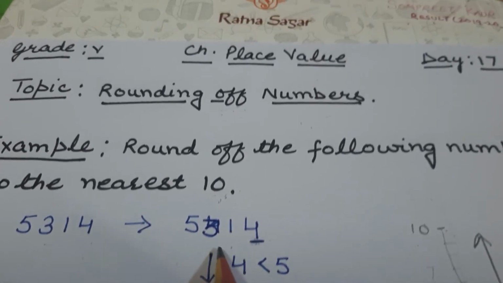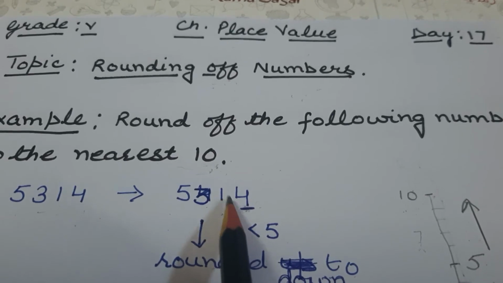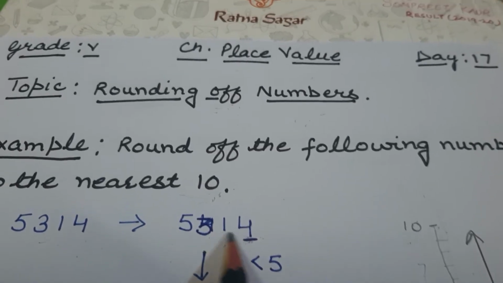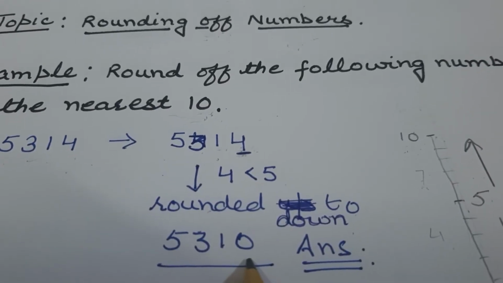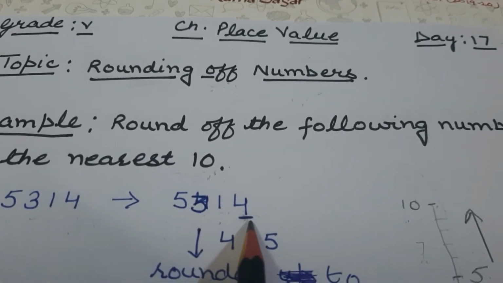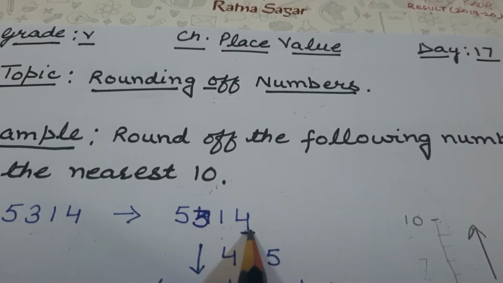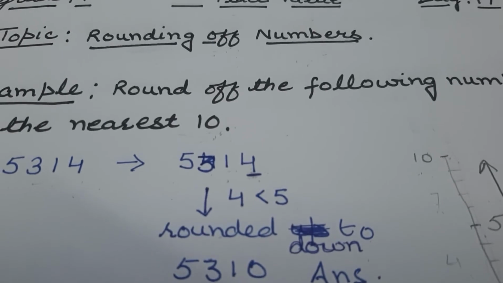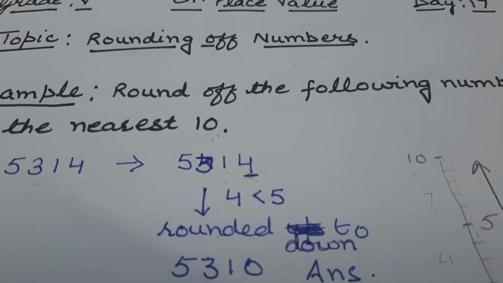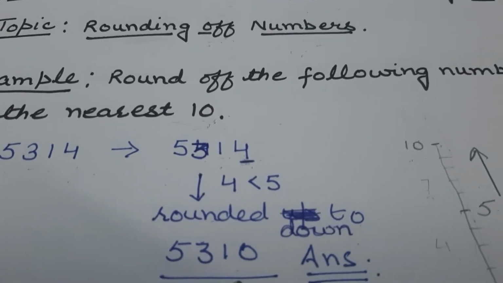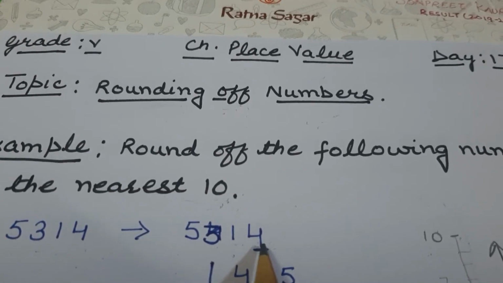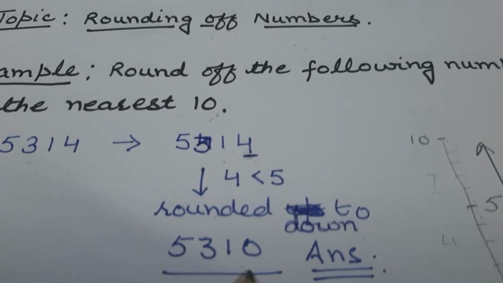Now this 5314, 14 will become 10. 14 will become 10 means 14 is closer to 10 than to 20. Okay, so this 4 will become 0.